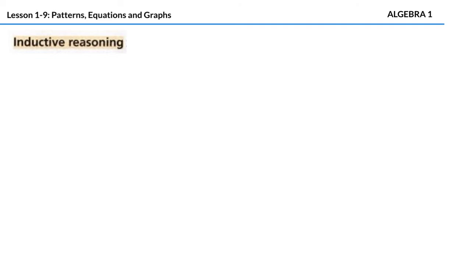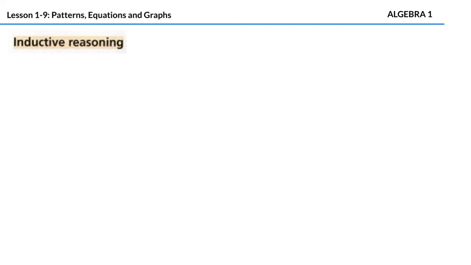You saw a third crow and it was black. You saw a fourth crow and it was black. So what do you conclude? You conclude that all the crows are black in color. So this kind of conclusion based upon an observed pattern is called inductive reasoning.